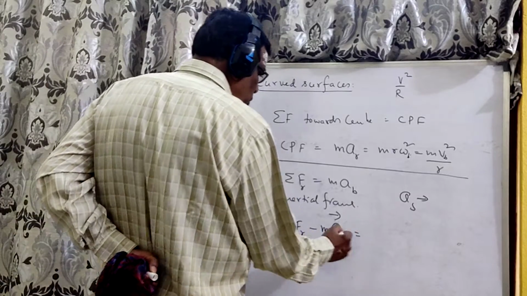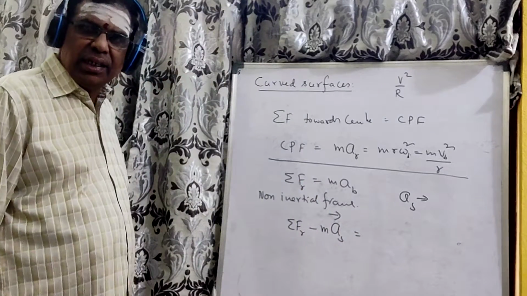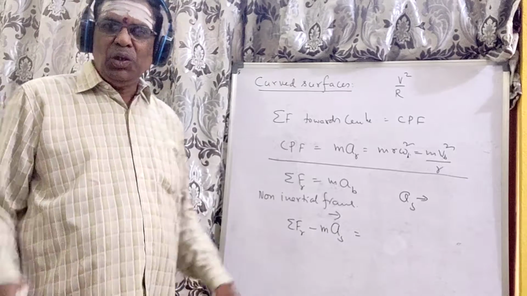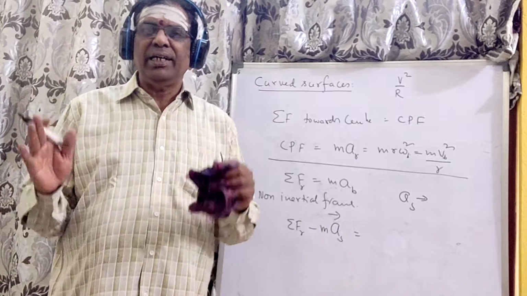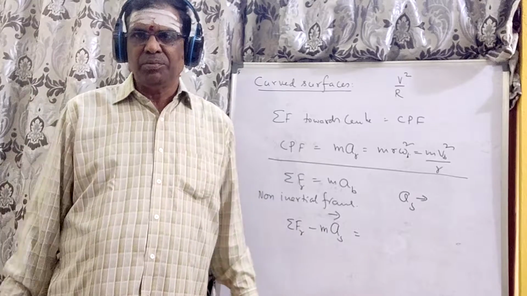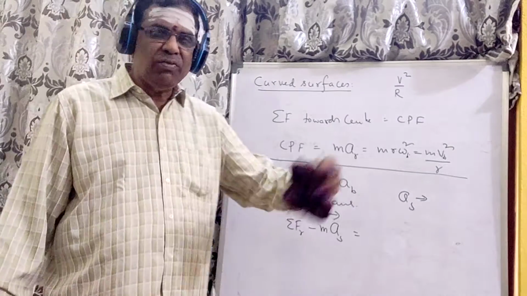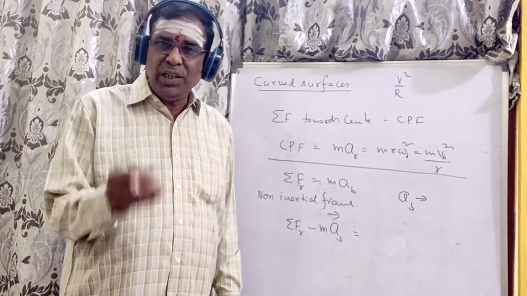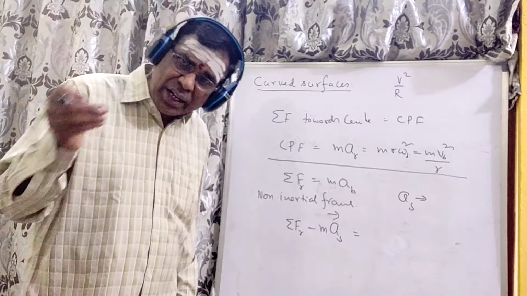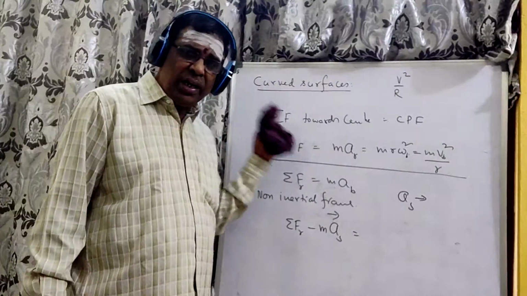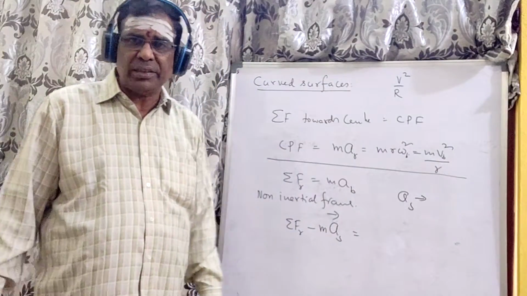Now, if you use inertial force like this, I already told you, you will get only relative acceleration. Please understand this and don't just write sigma F is equal to m a. What is that a? You have to understand. If you have to write a properly, you should know what your F is. If your F is all real, you will get absolute acceleration.